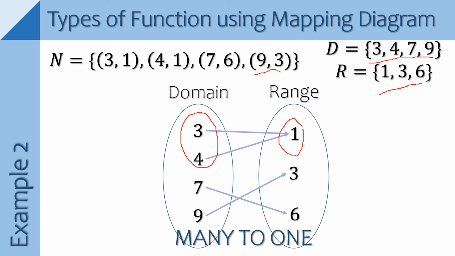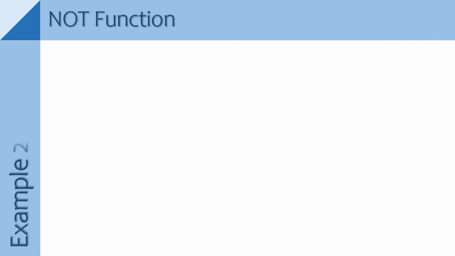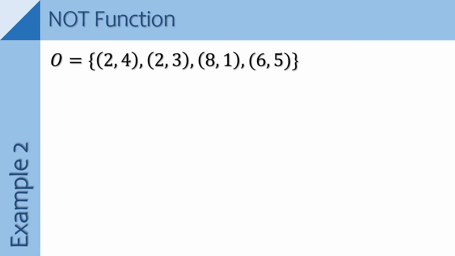Okay, so paano naman ang one to many? Ang one to many ay tinatawag na not functions. Bakit? Okay, so let's try to look at this example. So you have set O, you have 2, 4, 2, 3, 8, 1, and then 6, 5.